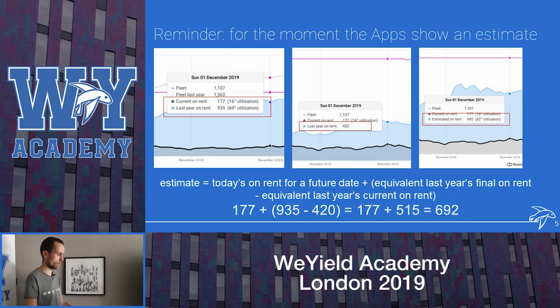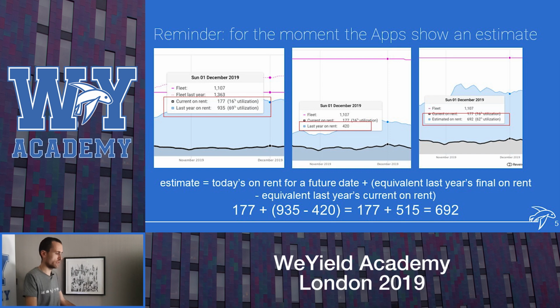We start from how much we have booked right now, and we look at the same date last year when we were on the Wednesday 7th of November 2018. We had 420 reservations booked for the 1st of December, actually the Sunday 2nd of December 2019, because we always compare not the same date, but the same day of the week at the same date, so the same Sunday at the beginning of December.